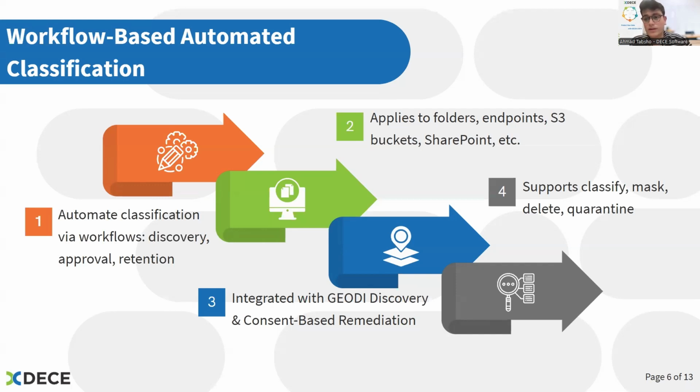So if you have documents that are not classified on-prem, on the file servers, or on the cloud platforms, you will be able to classify them based on the rules and policies that you have on the server, in an automatic way by the workflows. It will classify them based on the rules that you have, without any need for action from your side.